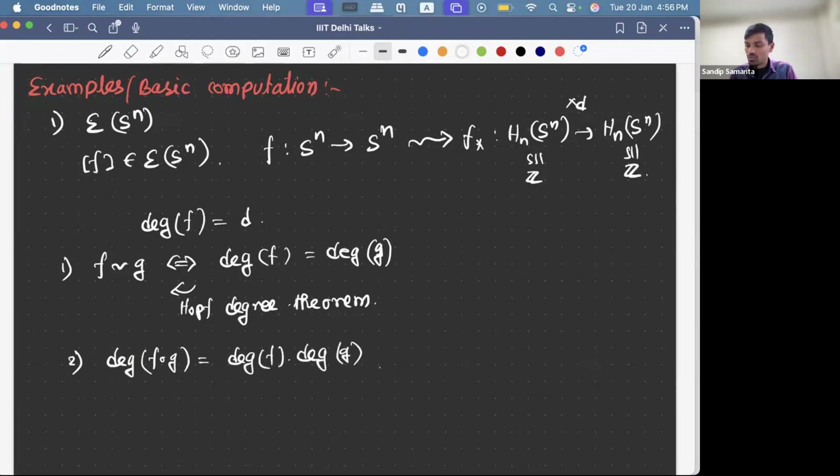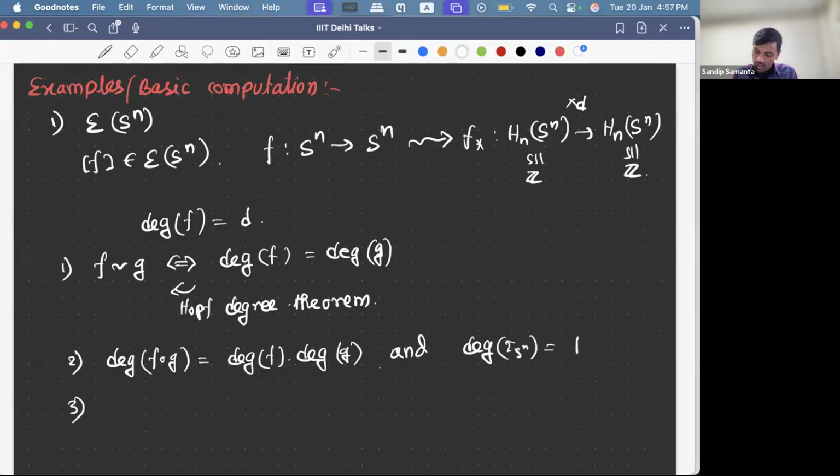That is again easy to verify, because (f compose g) whole star is f star compose g star, and then this follows. And also the identity map induces the identity map on the homology, so the degree of the identity map of Sn is 1.